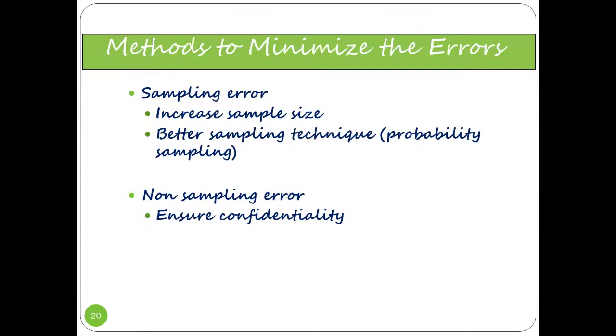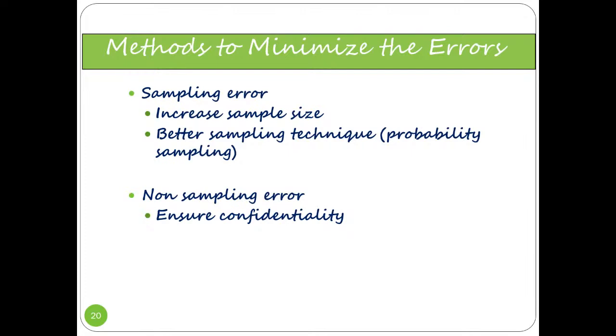When you do non-probability sampling, there are also different ways to make your study better, with lesser error, provided you talk to a proper expert who will guide your study, and you can get an approximate result.